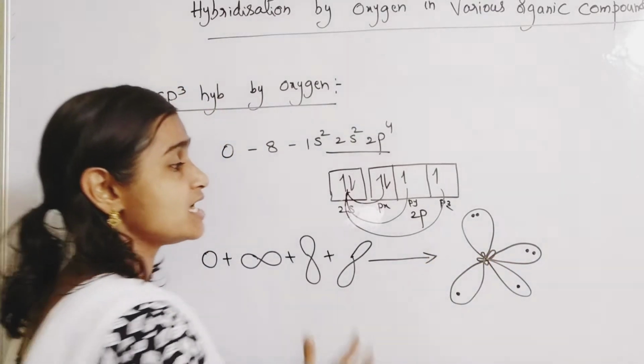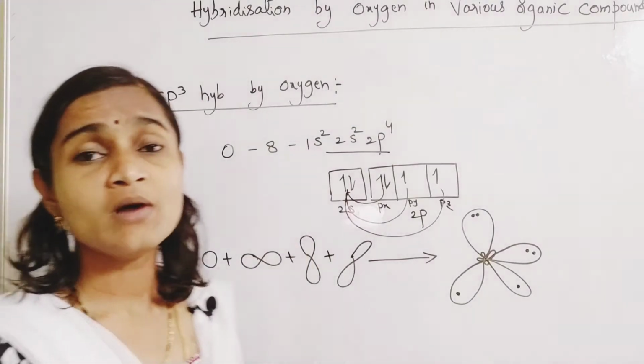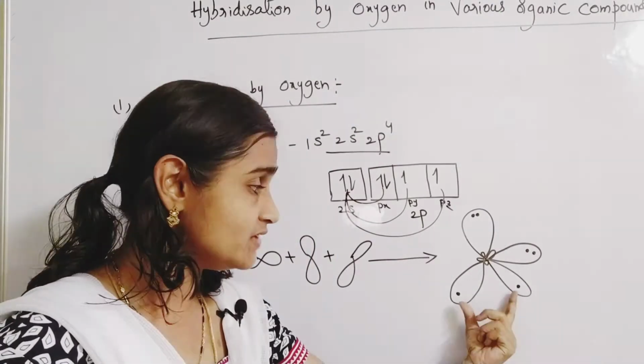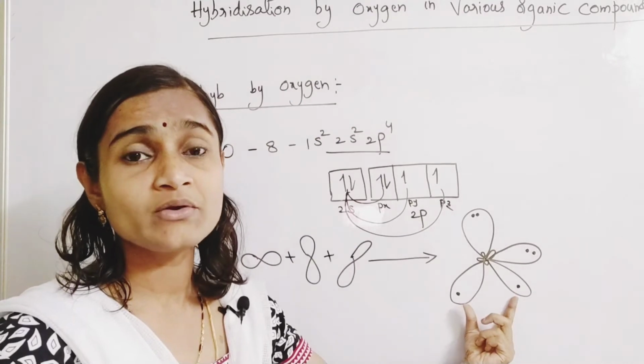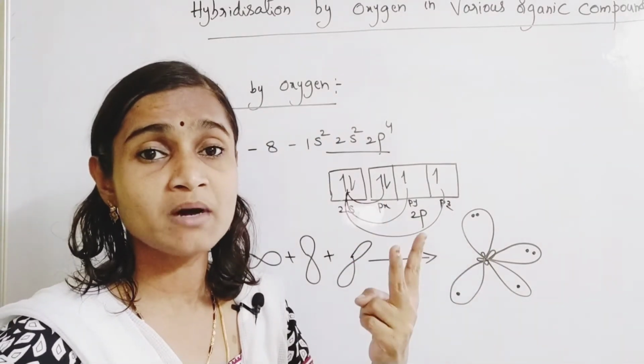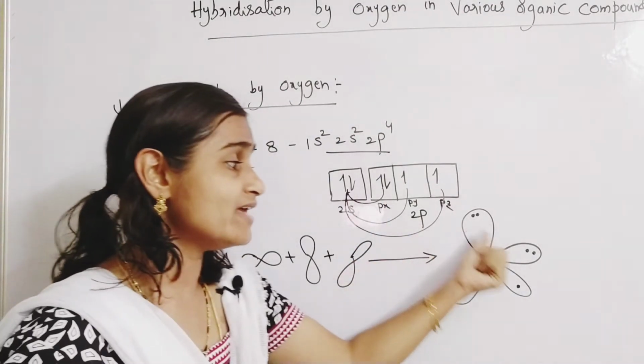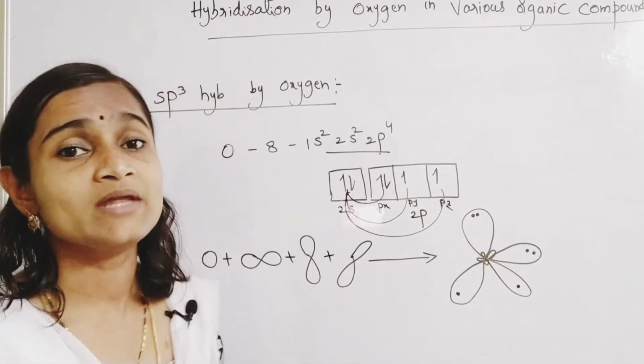So there is a chance for oxygen to form 2 sigma bonds. With these two unpaired electrons, oxygen can form 2 sigma bonds, and it is left with 2 lone pairs of electrons.